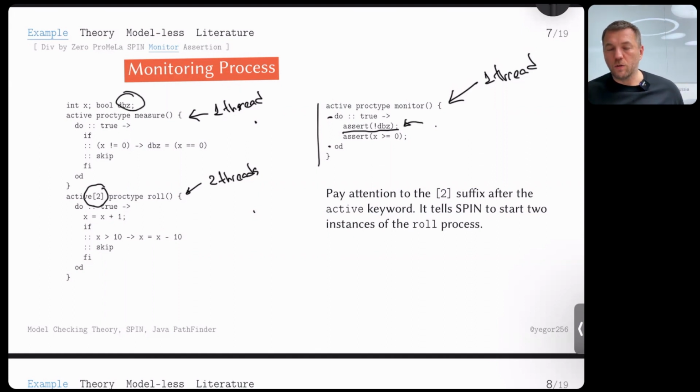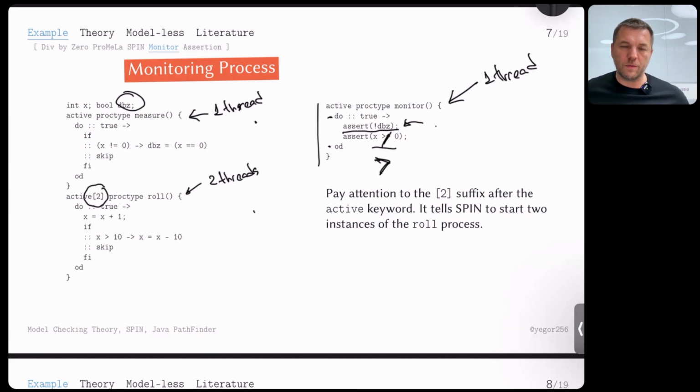So we say: make sure that this dbz variable is always false, and make sure that x is always more than 0. More or equal to 0. More, it's again my mistake. It should be just more, right? So we want to check that. This is just a simulation. It's not a real case.